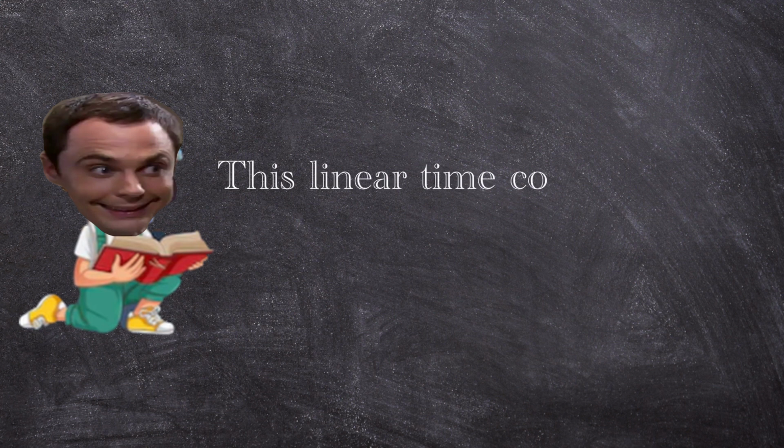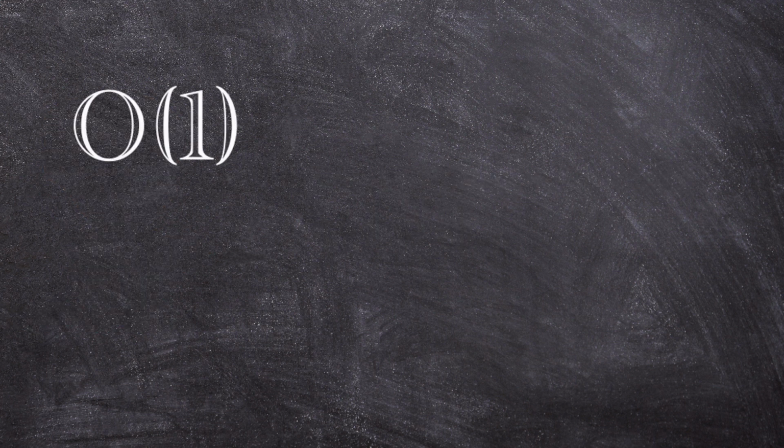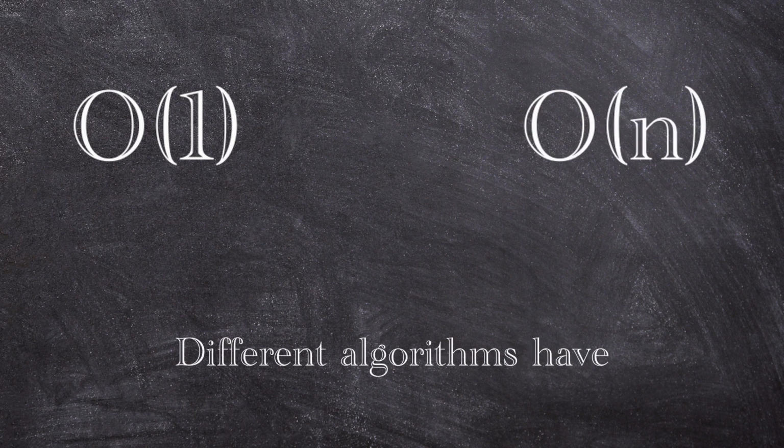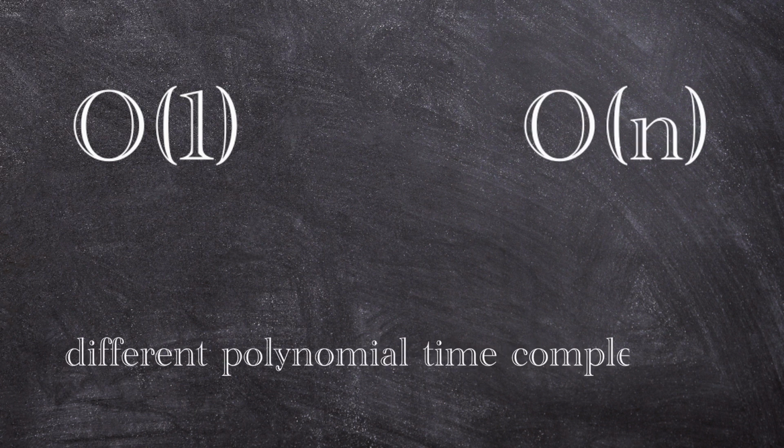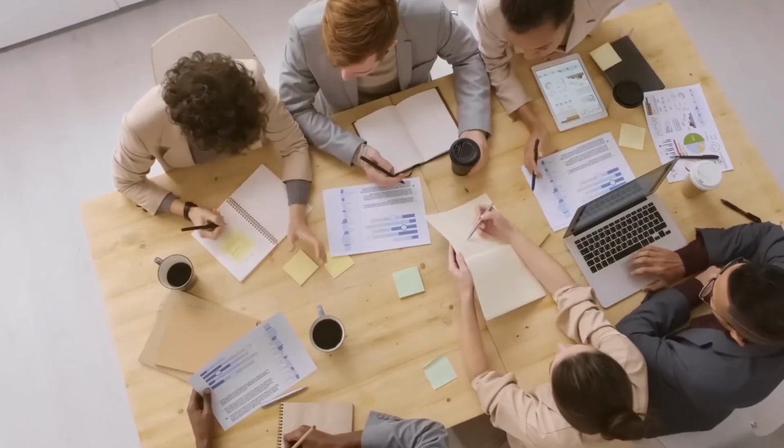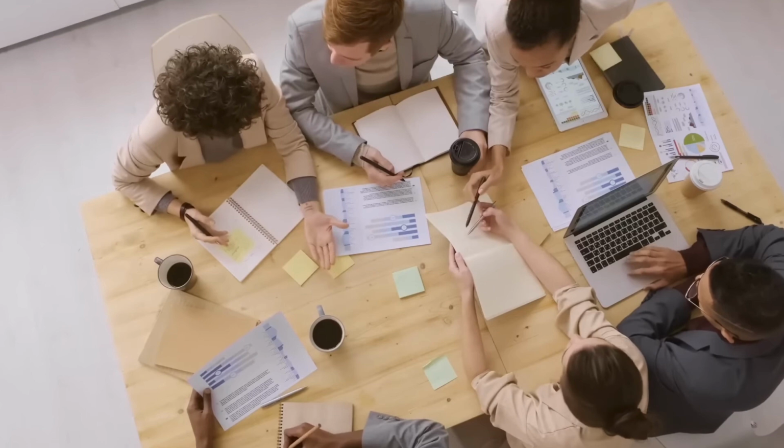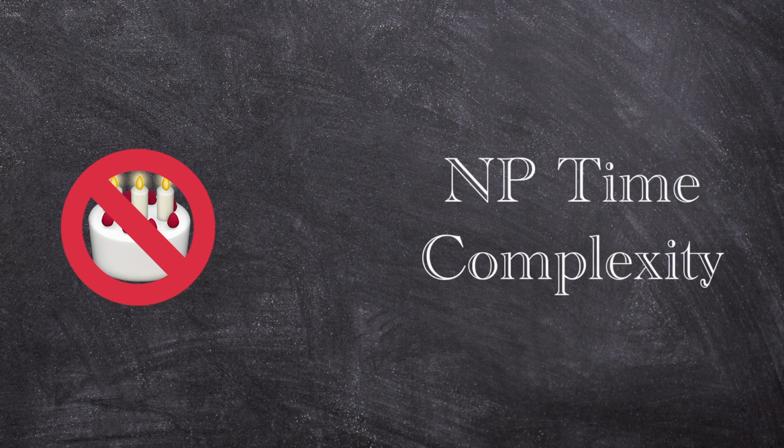This linear time complexity is represented as O(n). Like O(1) and O(n), different algorithms have different polynomial time complexities. And since our computers are so powerful now, solving these algorithms that have P time complexity is a simple task for them. But the real problem comes in case of not a piece of cake or NP time complexities.